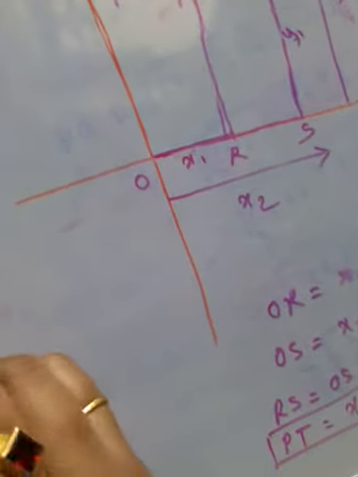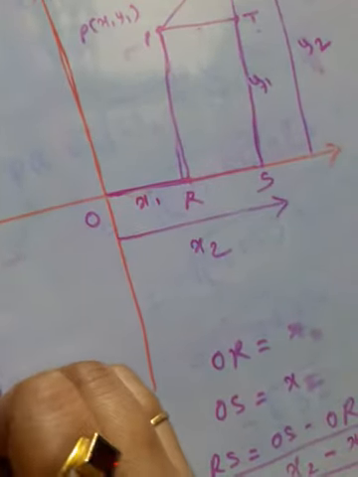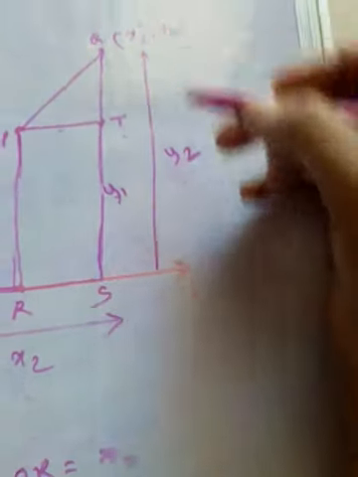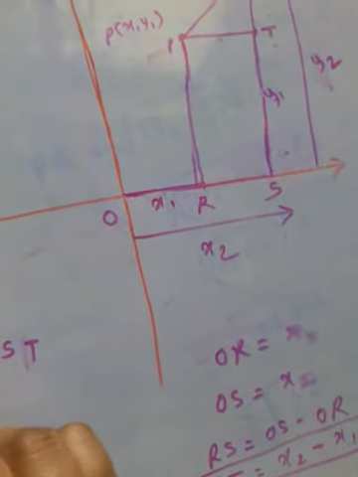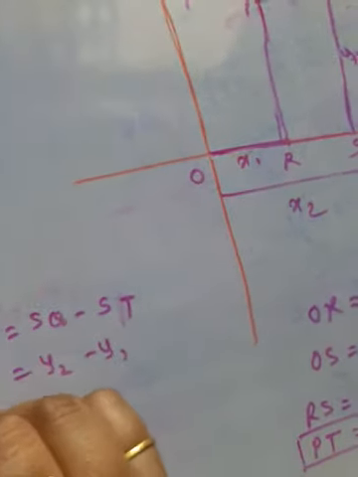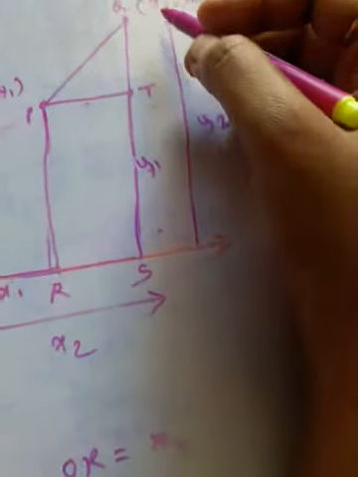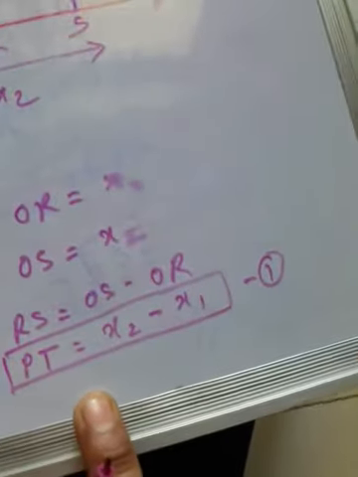So QT is equal to SQ minus ST. SQ is y2 and ST is y1, so y2 minus y1 gives QT. So the value of QT is y2 minus y1 and the value of PT is x2 minus x1.